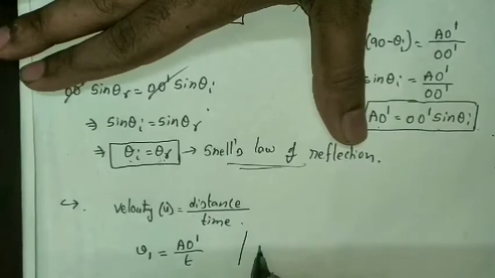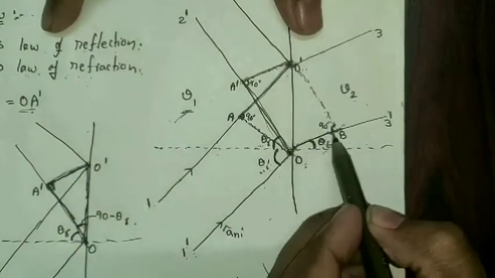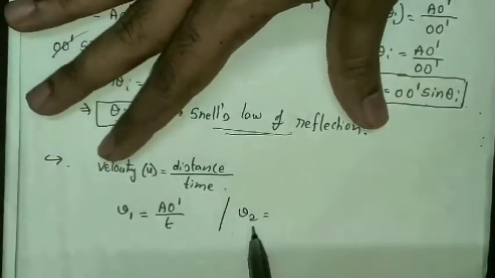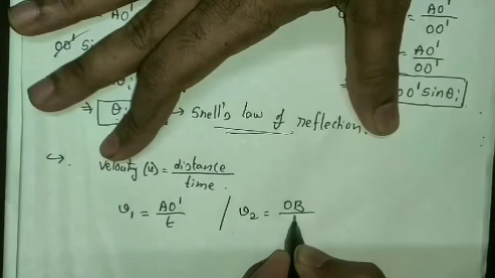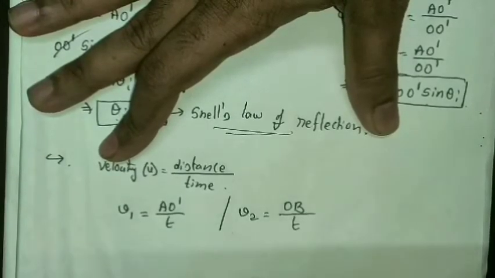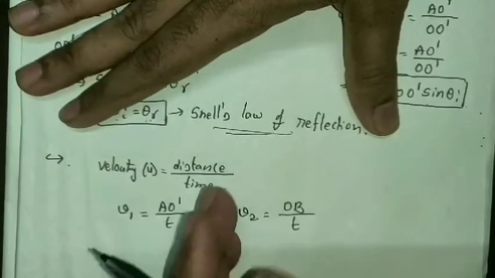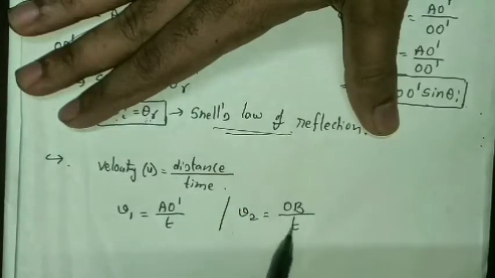Similarly, for medium 2, the velocity V2 equals the distance OB divided by the same time t. From these experimental results, the corresponding times are equal.